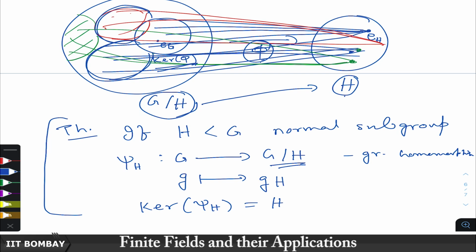This is basically visualizing the cosets as elements in the quotient group.